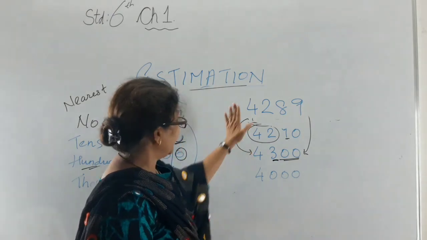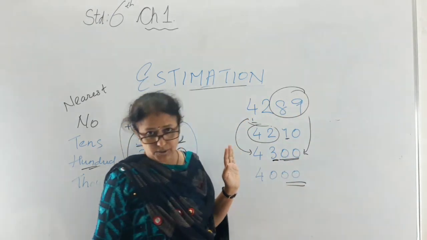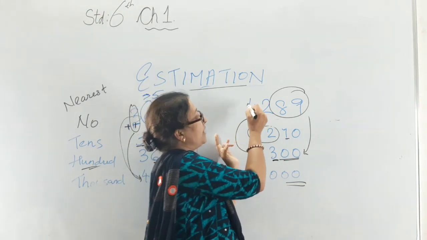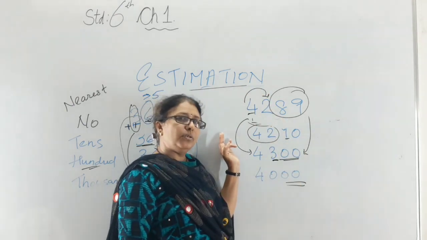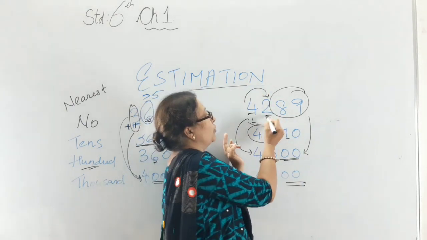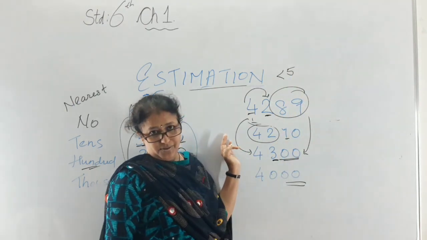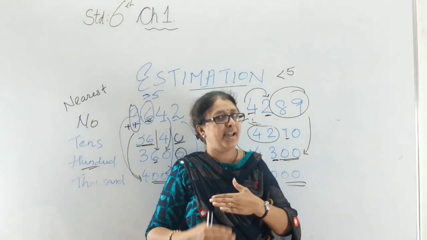Now pay attention. These two numbers will get converted into 0. I have to focus on thousands place. So what I will do, I will focus on the next number, the digit next to 1000. So it is 2. Now 2 is less than 5. So what will happen? No addition of any digit because it is less than 5.